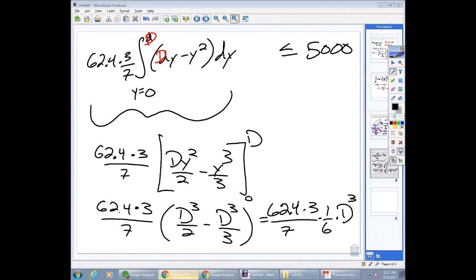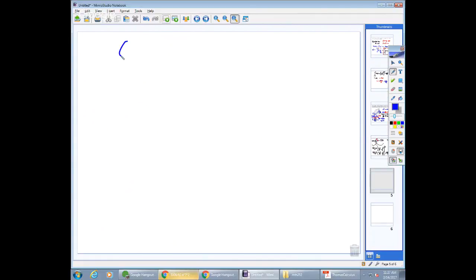So just double check, writing some things down. So I was considering the 3 goes into the 6 twice. 62.4 times, let's see, 3 is gone, so I don't have times anything, over 2 times 7 is 14. D cubed equals 5,000.